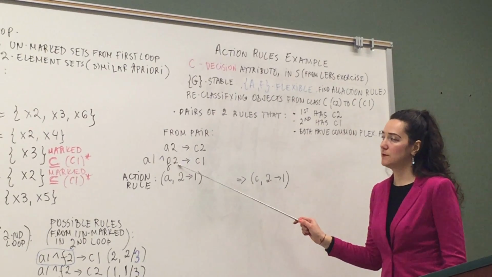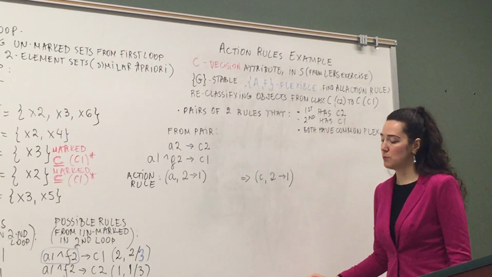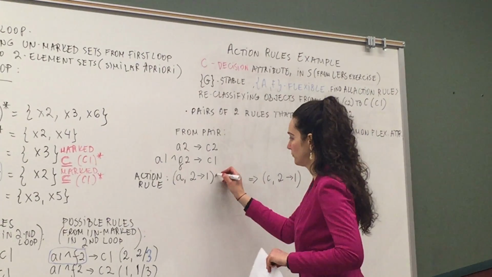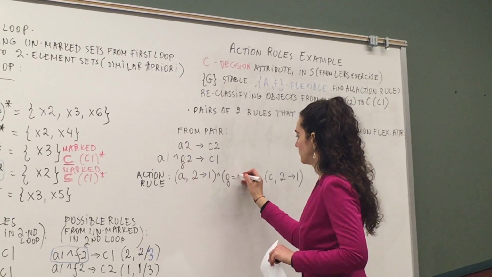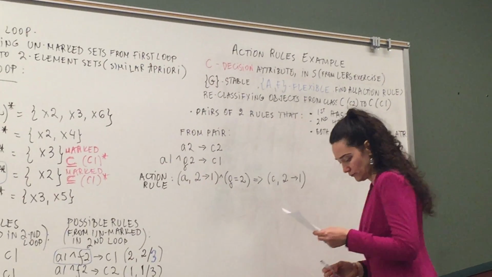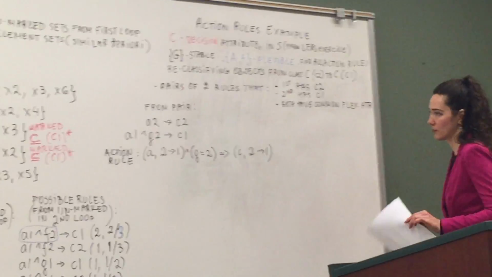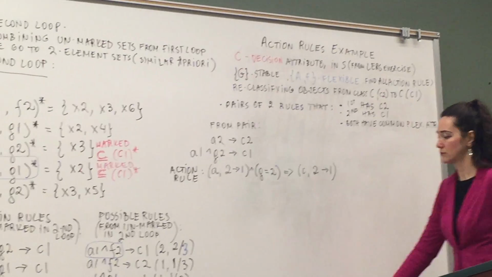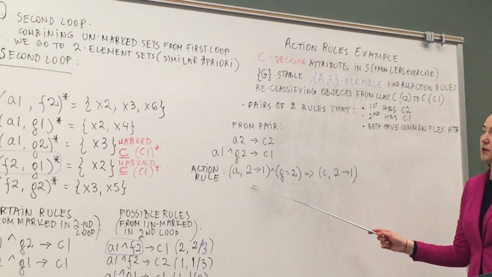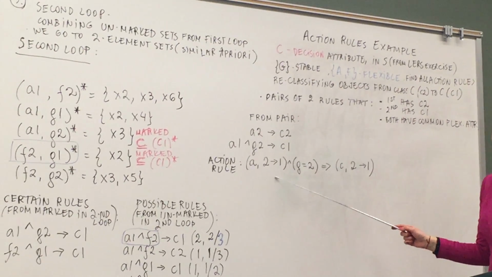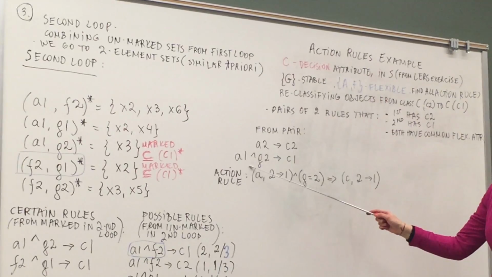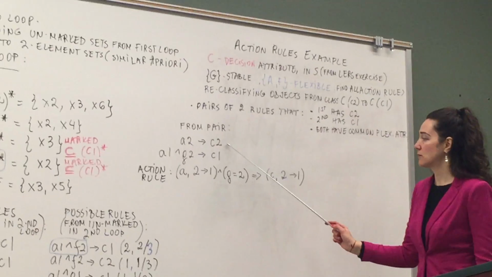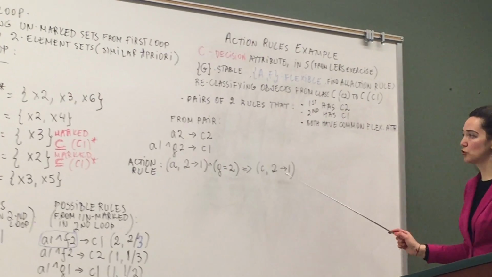We can't change it, which means that we have to say here that G is equal to 2. So the first action rule that we composed is: A change from 2 to 1, and G is equal to 2, will change the C class from 2 to 1.